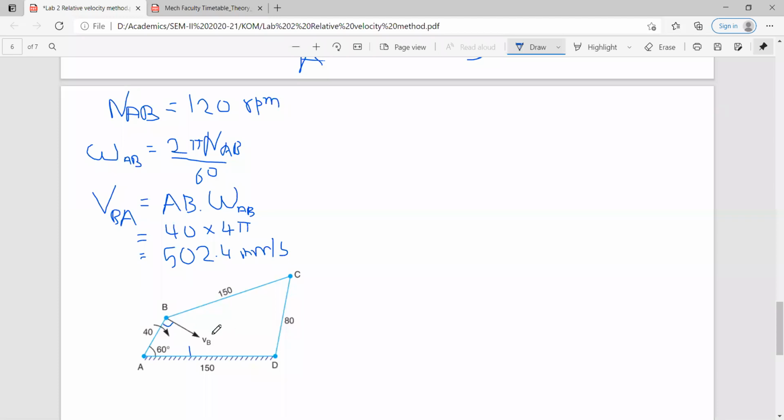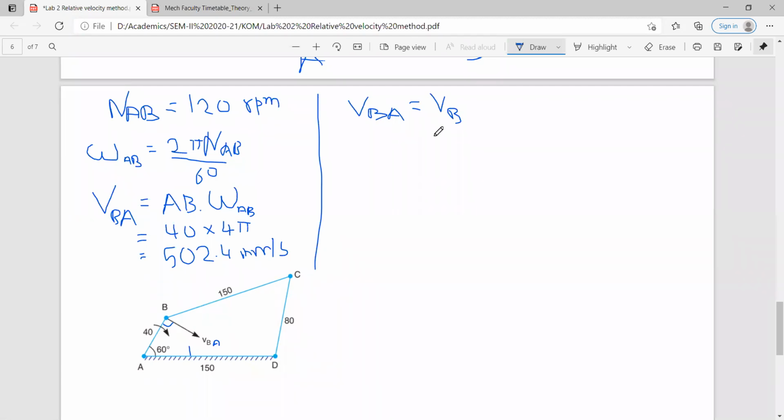Okay. And to be more precise, I will add the point A here, that it is the velocity of B with respect to point A. No doubt it can be written like this also, that velocity of point B with respect to A is equal to velocity of point B. It can be written like this because here A is the fixed point.